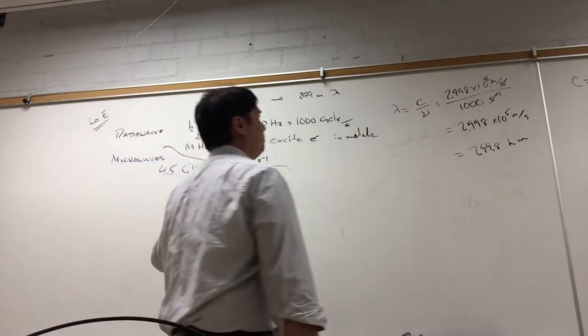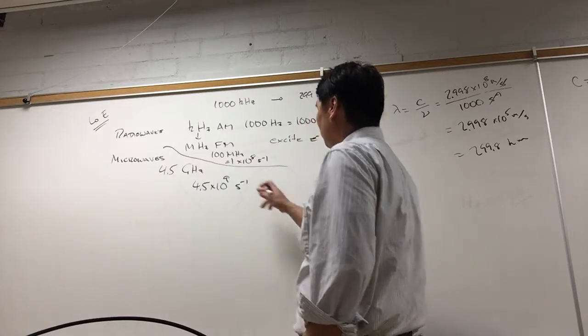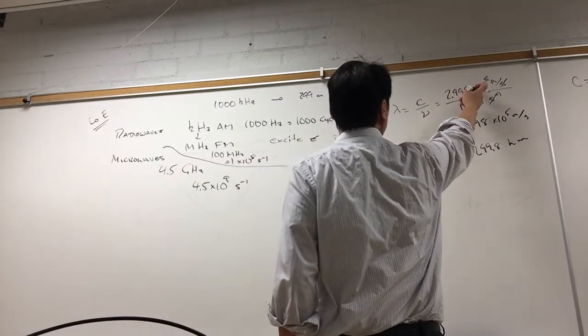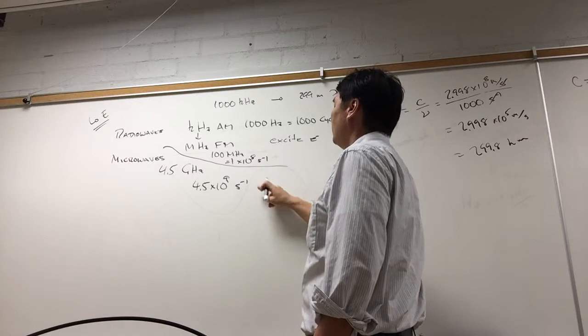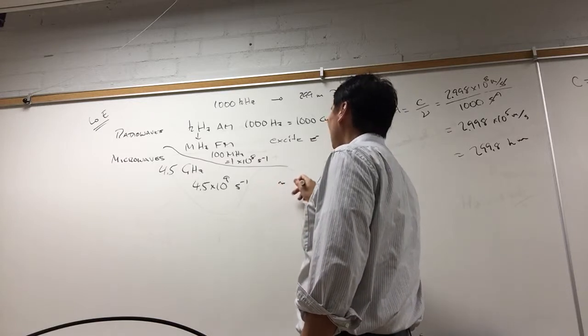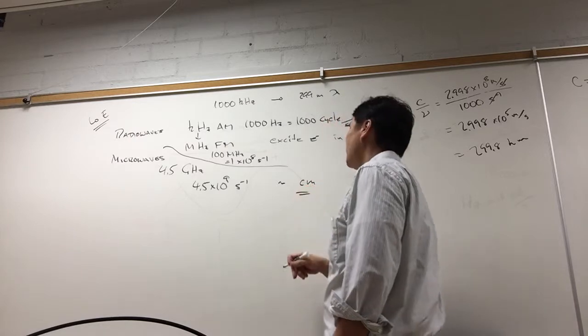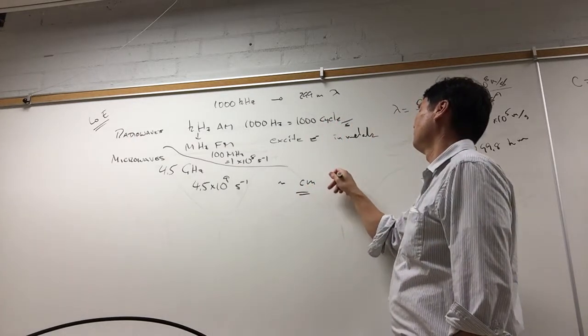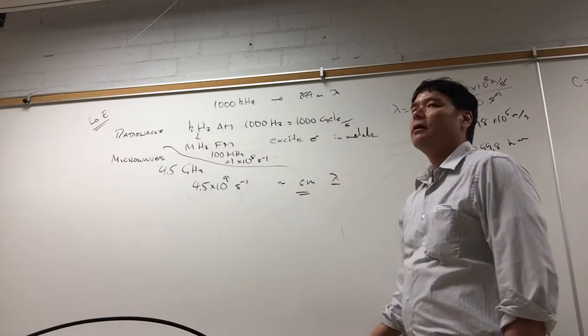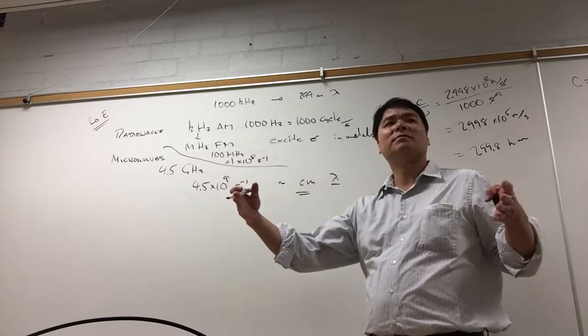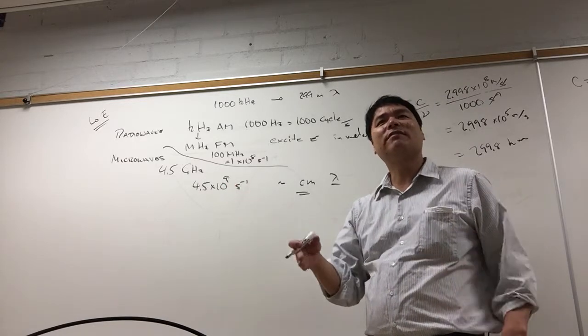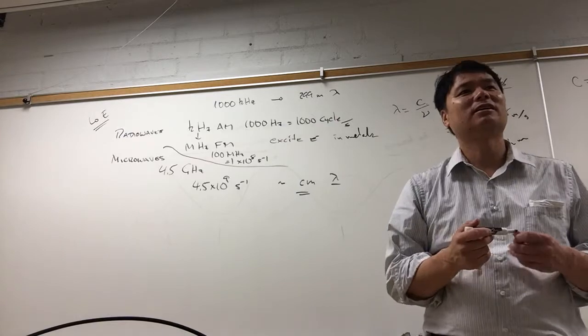If it's 10 to the 9th, that means the wavelengths are on the order of centimeters. Centimeter wavelengths, like 8 or 10 centimeters. I think your microwave has like an 8 centimeter wavelength.